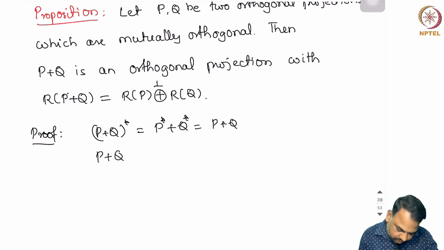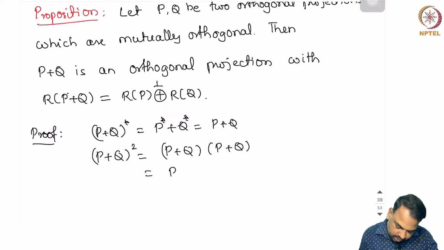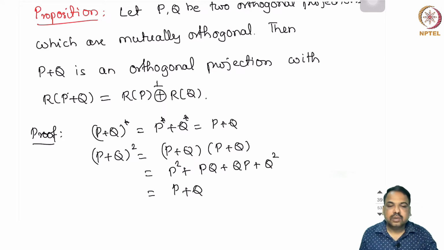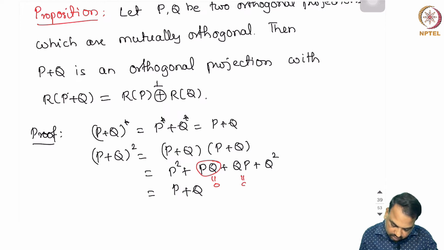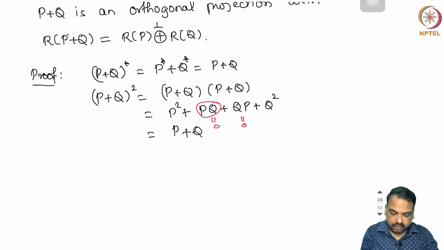So if you look at P plus Q square, that is P plus Q into P plus Q, and if you multiply you will get P square plus PQ plus QP plus Q square, and you will get this is P plus Q because P square is P, Q square is Q, and we know that PQ is 0, and when this is 0 its adjoint is 0, that is QP is also 0. Okay. So from these two relations we can conclude that P plus Q is an orthogonal projection.